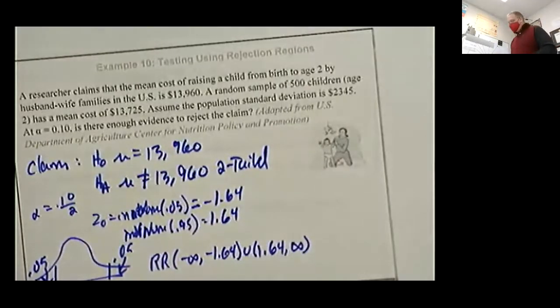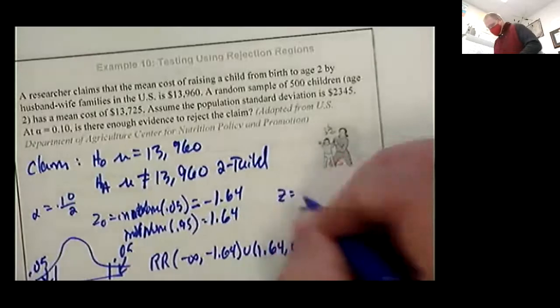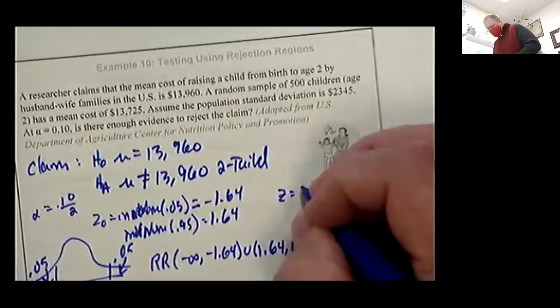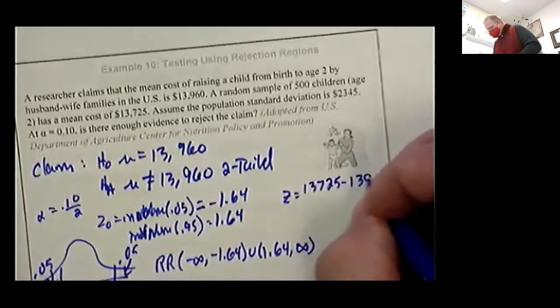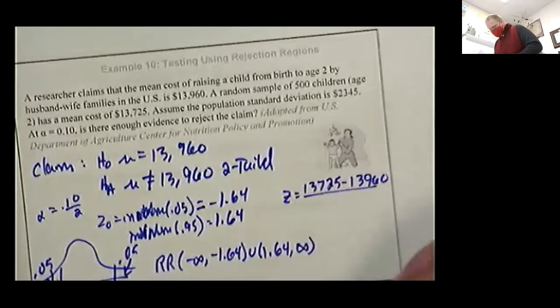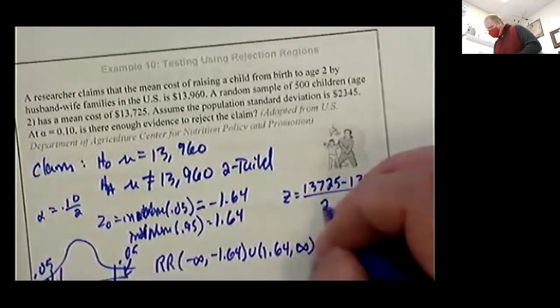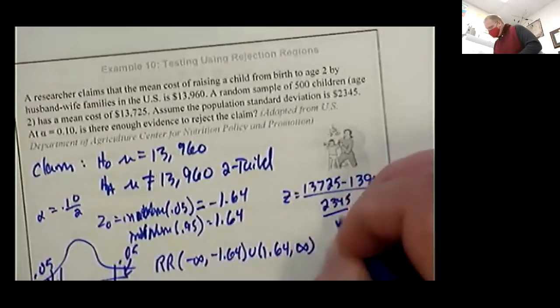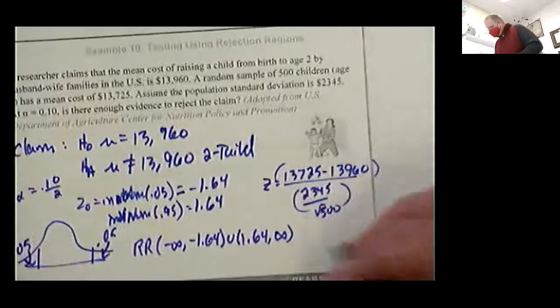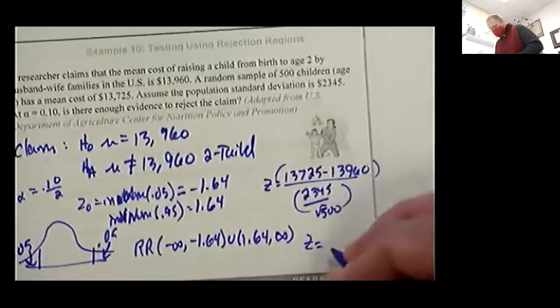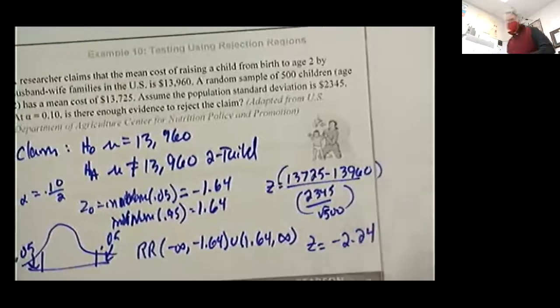Now we need to find our test statistic. Z-score is the sample cost, 13,725, minus the average cost, 13,960, divided by the standard deviation, 2,345, divided by the square root of 500. Again, parentheses around all that. Our z-score then is negative 2.24.